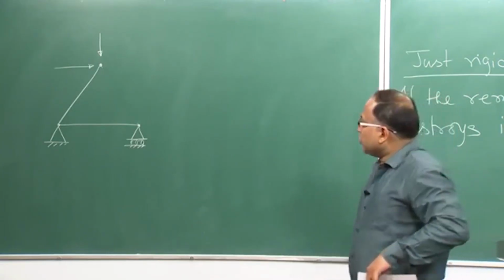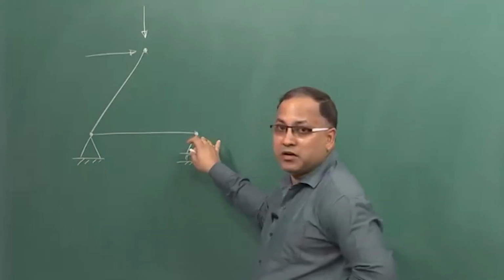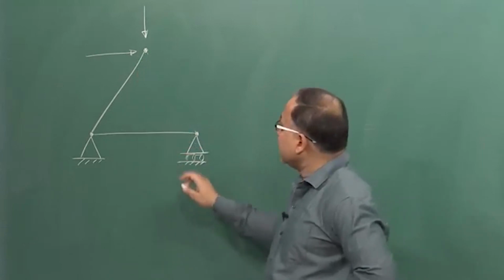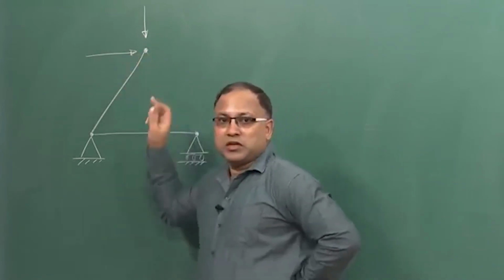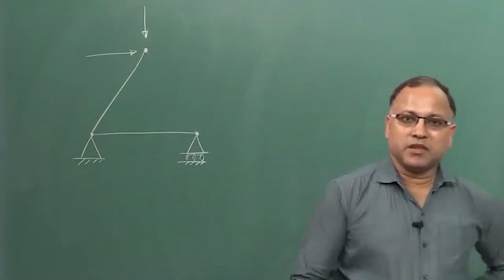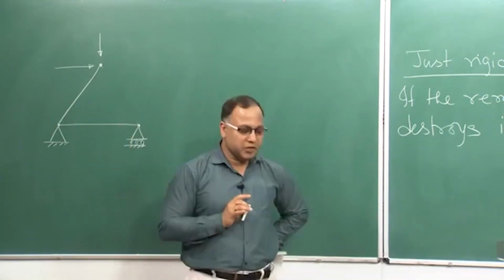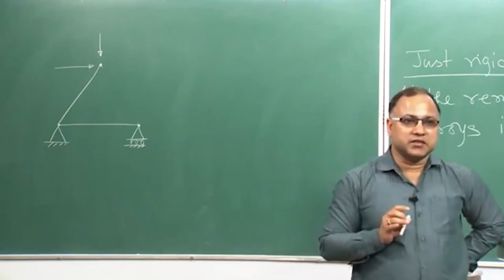Earlier, when you had the just rigid structure, with the other member there, if you applied the load there would be no rotation or instability in the structure. But as you have removed one member, immediately instability comes into the system and rigidity is disturbed.